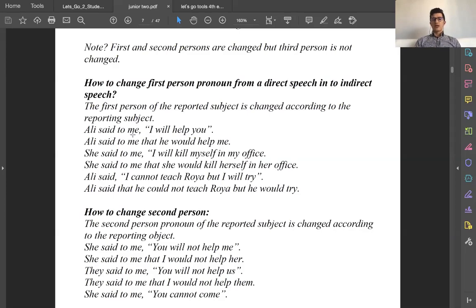Ali said to me, I will help you. Here we have two parts of the sentence, the first one and the second one. The first part of the sentence, Ali said to me, is called reporting speech.